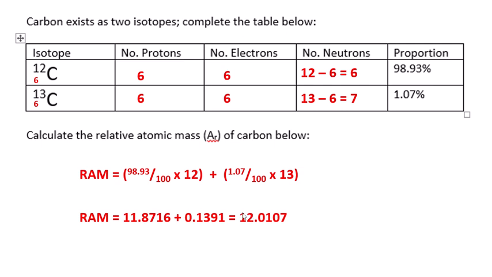Put the figures into the calculator, and you end up with 12.0107. And in that case, you probably would round that to 2 decimal places just to show you've got the figure there. So 12.0 or 12.01, depending on what the question asks in an exam question.